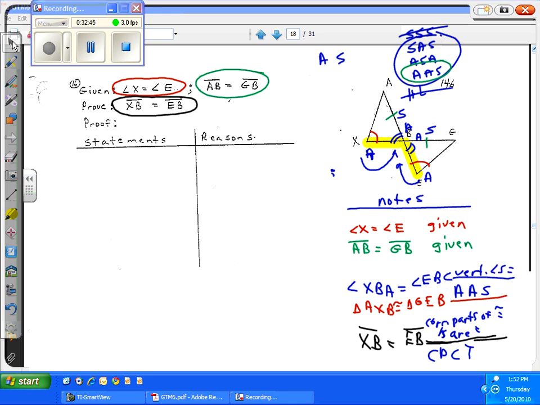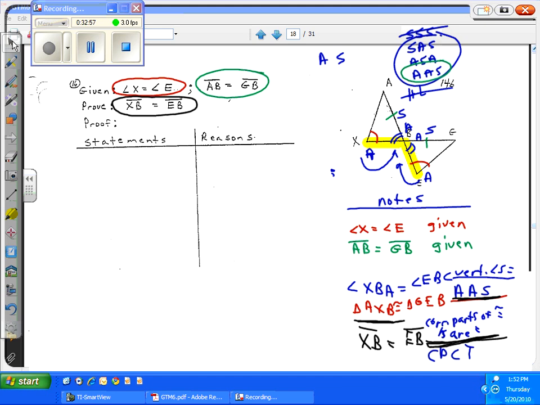Well, all of a sudden, to make a reason, we don't need another statement, which makes us feel like we got done. The way it kind of happened, we said, well, to say that corresponding parts of congruent triangles are equal, I needed to know they were congruent.